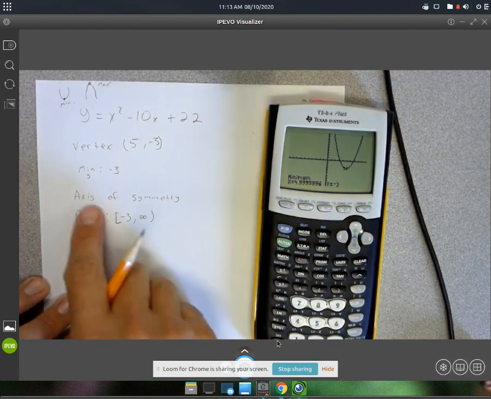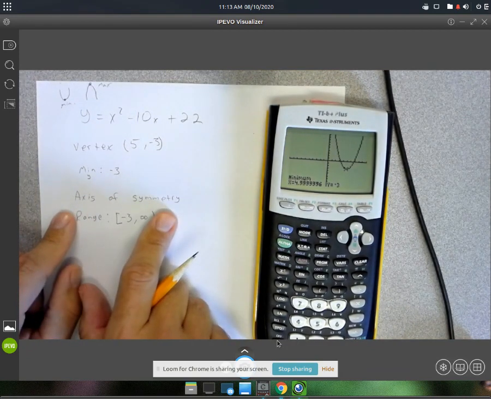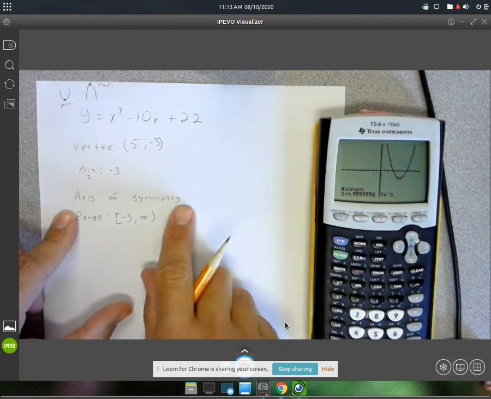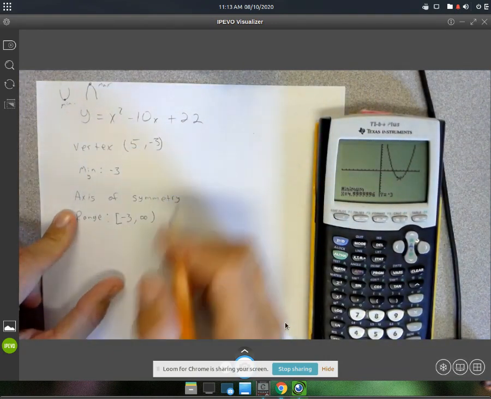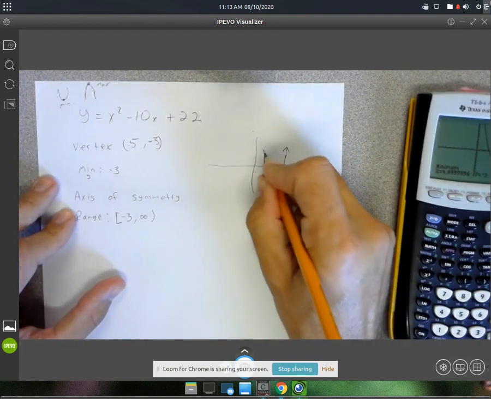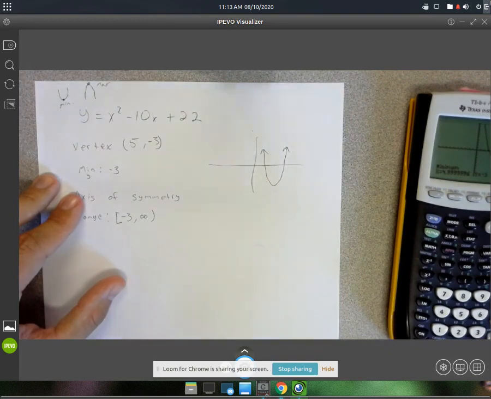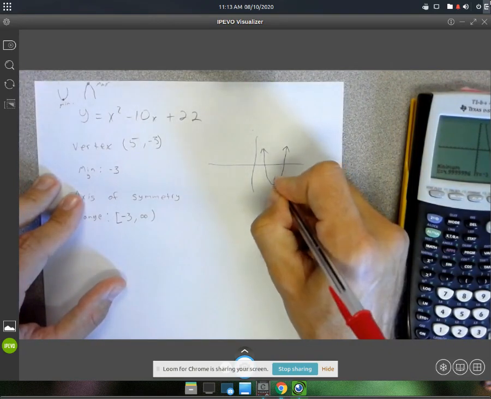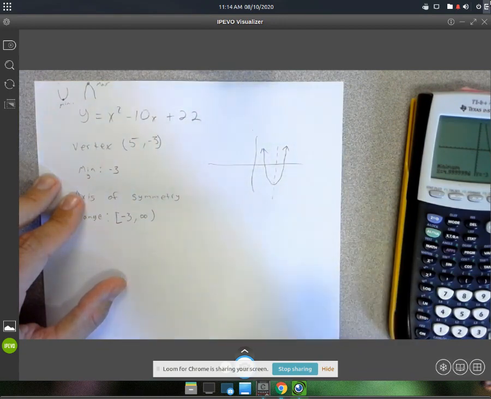All right. The axis of symmetry, that's going to have to do with the x value of your vertex. Let's say you've got a parabola here. We got ours right there. The axis of symmetry is the vertical line that splits the parabola down the middle.